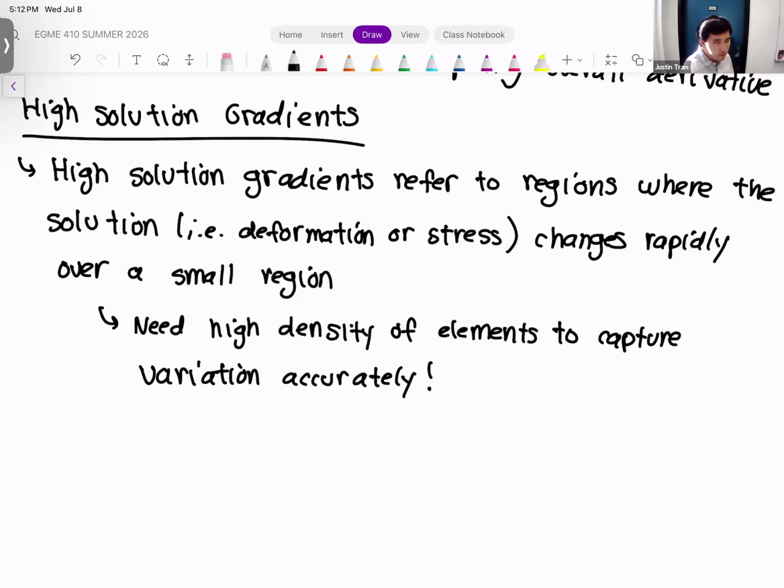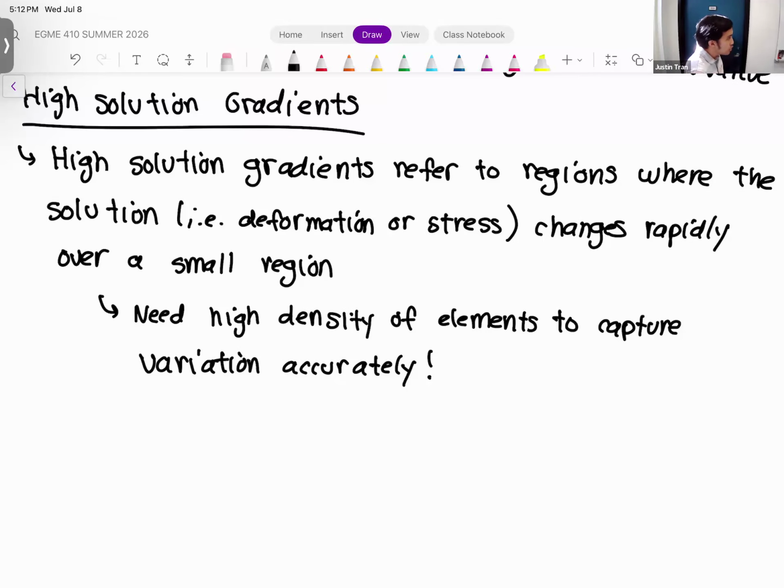So there should be a direct correlation. Let's say you run your simulation and you identify a region of high solution gradients. That is a prime candidate for a local mesh refinement, just like we did with activity 1. So why is this an issue?